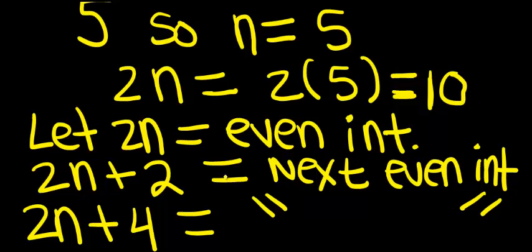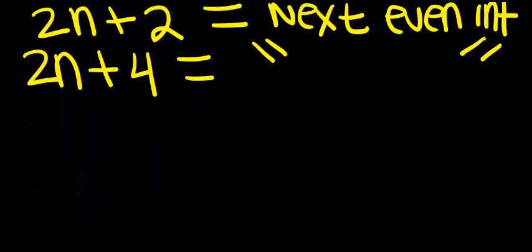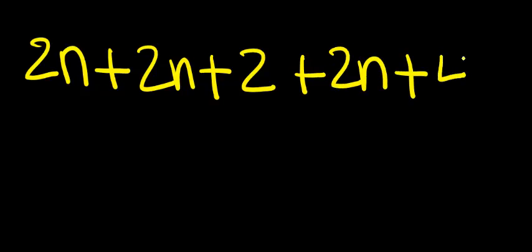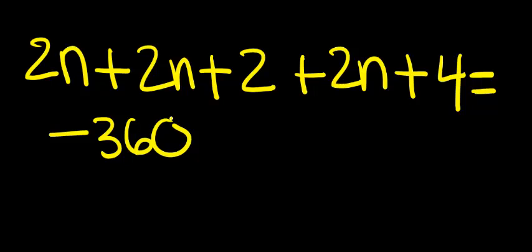And the problem says that the sum of them, so I need to add those 3 up. So I know that 2n plus 2n plus 2 plus 2n plus 4, that sum has to give me negative 360.